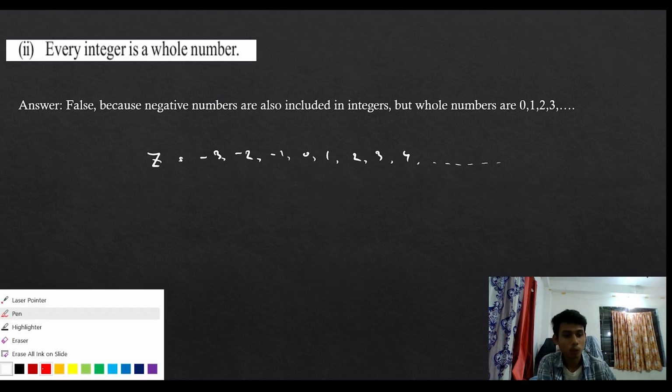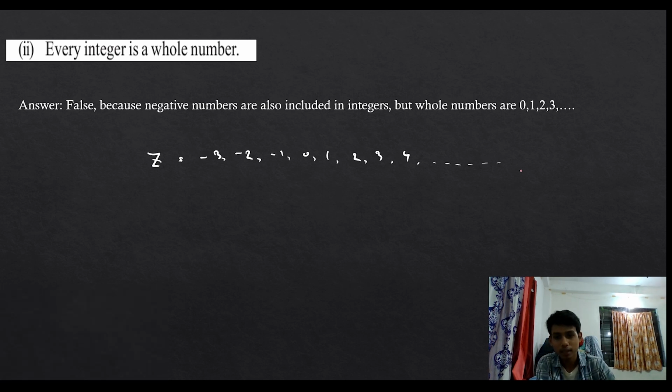Now the whole number part on a number line starts only from 0. This part is the whole numbers, and -3, -2, -1 are integers but not whole numbers. Therefore, it is a false statement that every integer is a whole number.